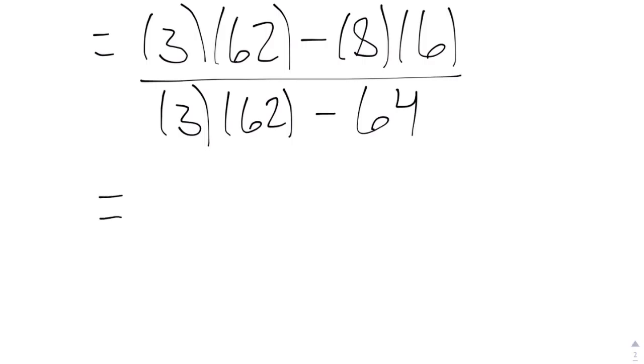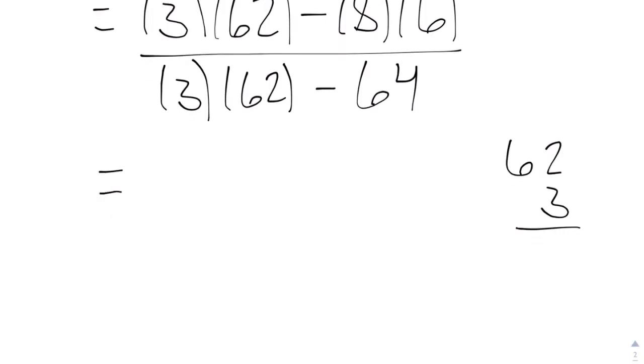Equals, I'm going to do it on the side. Let's see here. 62 times 3: 3 times 2 is 6, 3 times 6 is 18, right?